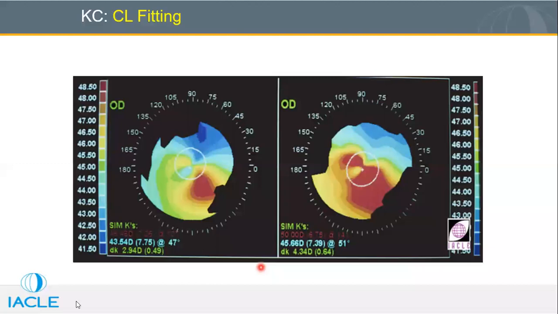This is just one topography picture of the right and left eye. What do you think? Which eye has the more advanced or severe keratoconus?